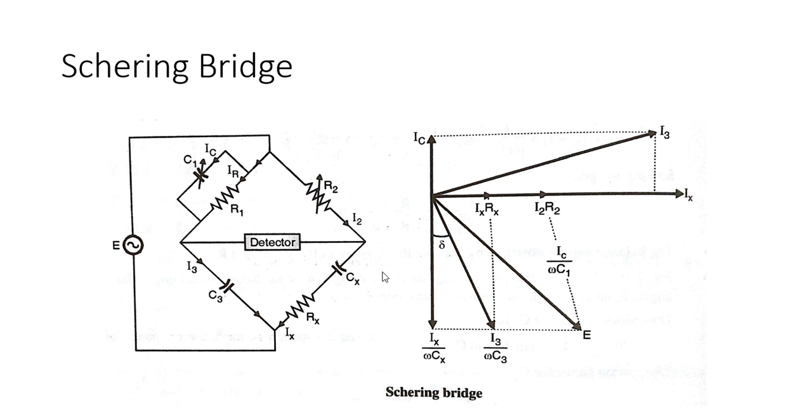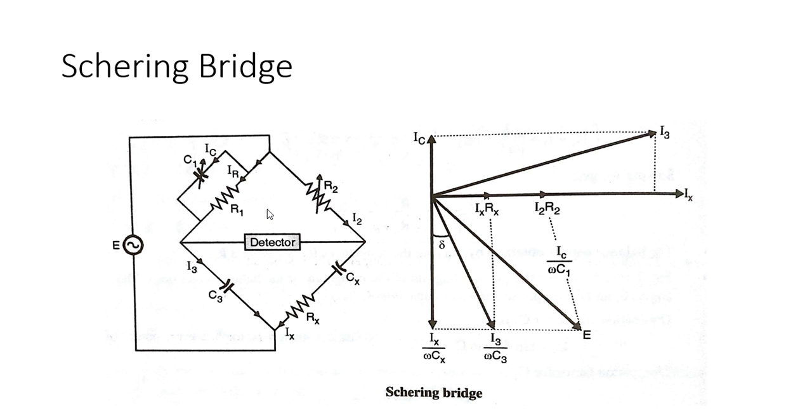Here you get Cx, so this bridge is used for measurement of unknown capacitance. It is also useful for measuring insulating properties, that is, phase angles very nearly 90 degrees.